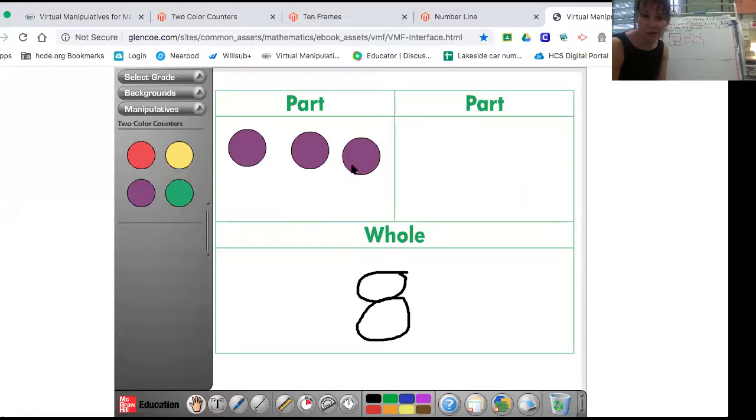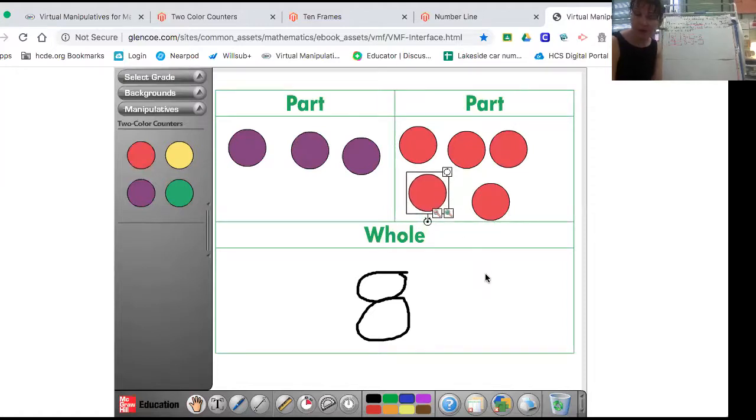So I'm going to solve 3 plus something equals 8. Let's do that together. So 3, 4, 5, 6, 7, 8.